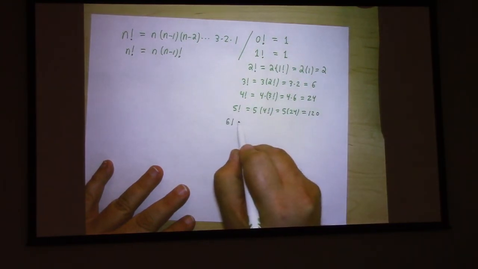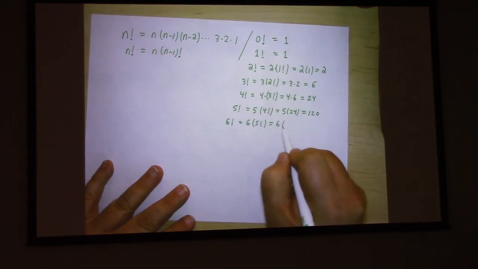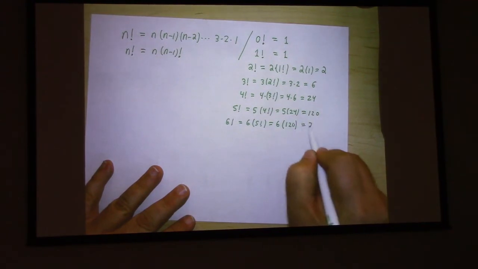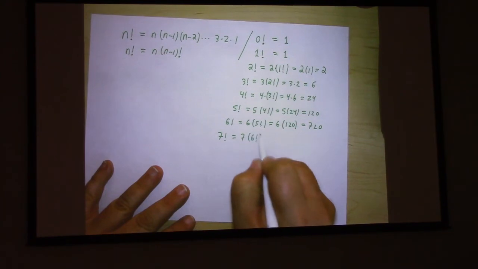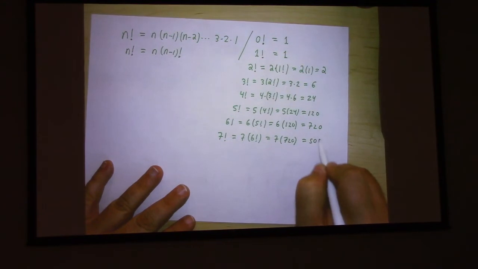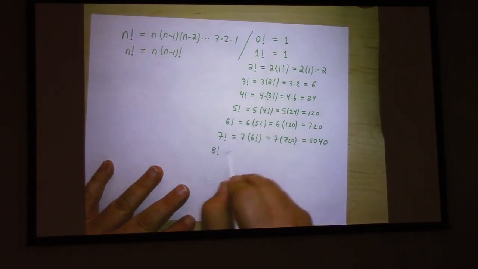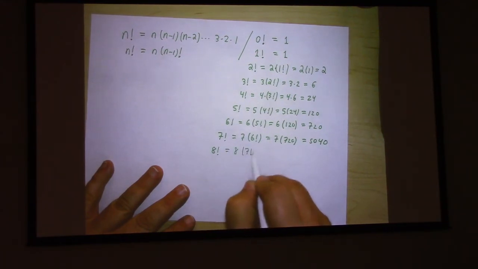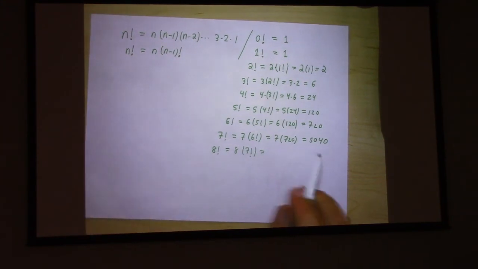This is relaxing. 6 factorial is 6 times 5 factorial, which is 6 times 120, which is 720. 7 factorial is 7 times 720, which is 1040, I think. 8 factorial is 8 times 7 factorial, which is equal to, all right, I need a calculator. 40,320.